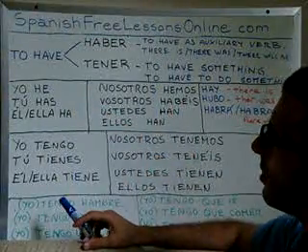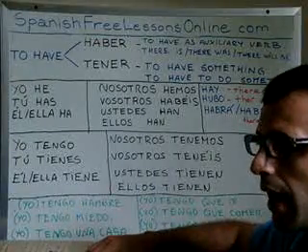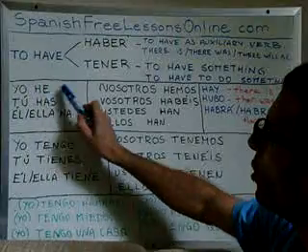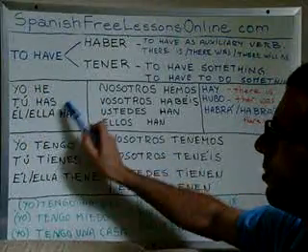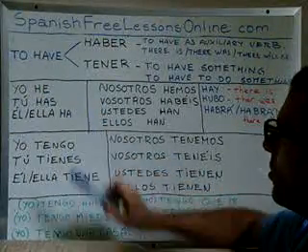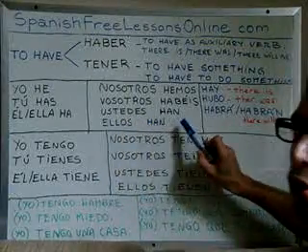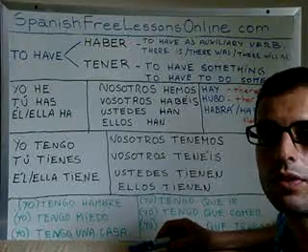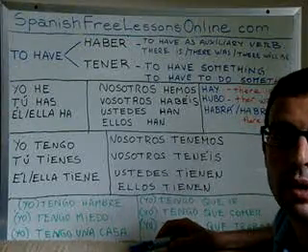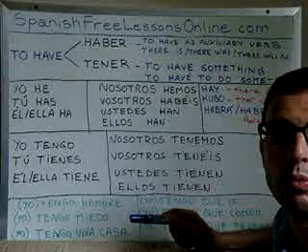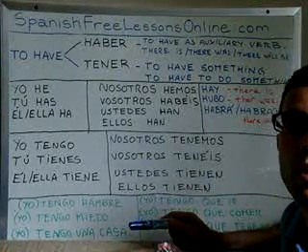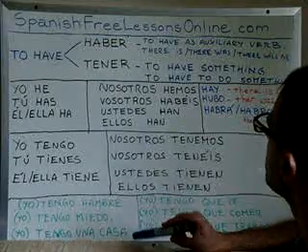So if I want to say I have eaten, I would say yo he comido, tú has comido, él ha comido, ellos han comido. That's eaten, you see? Comido doesn't change, the same as in English. Eaten, the word doesn't change. He has eaten, I have eaten, we have eaten, right?